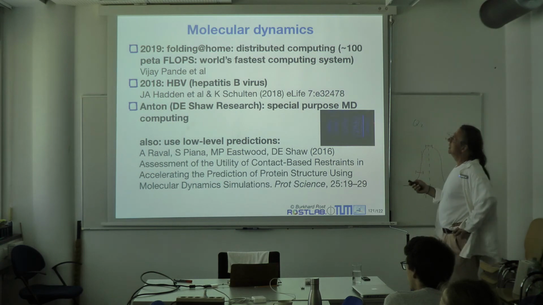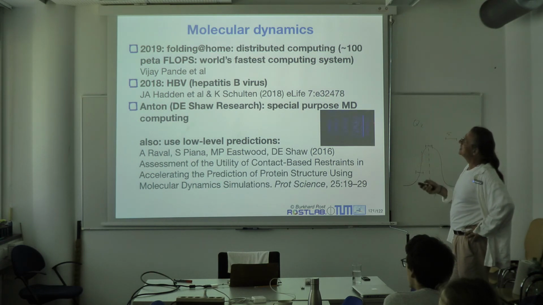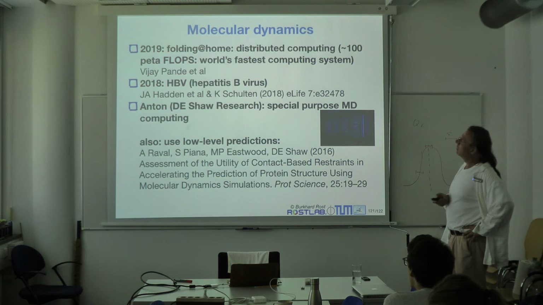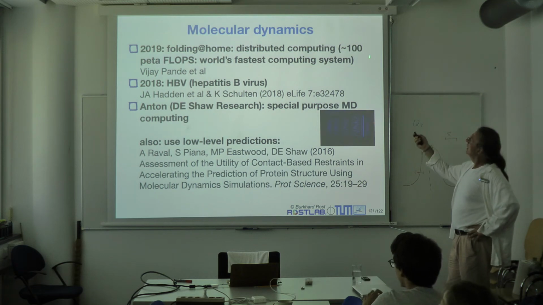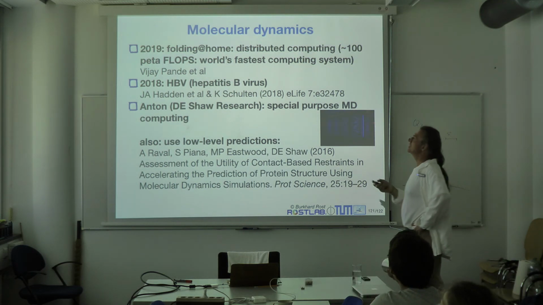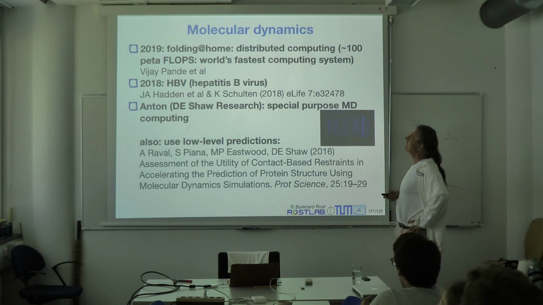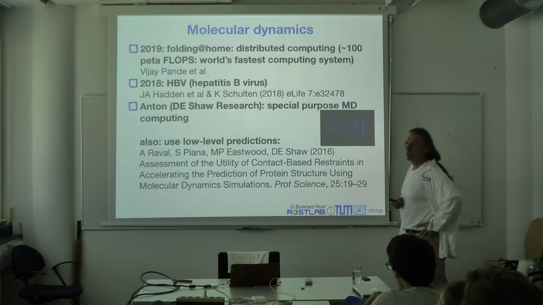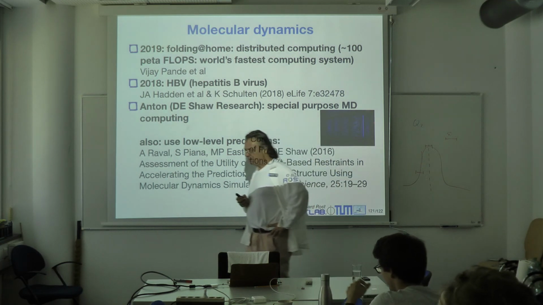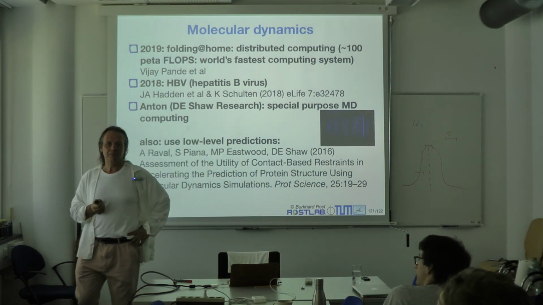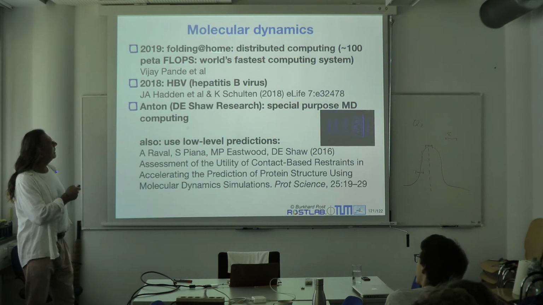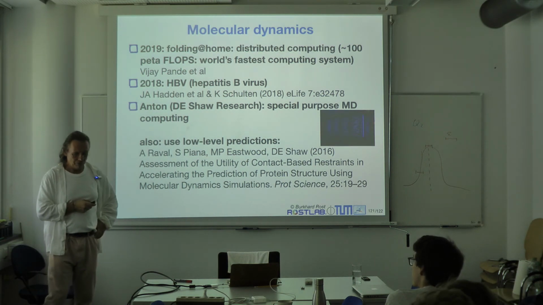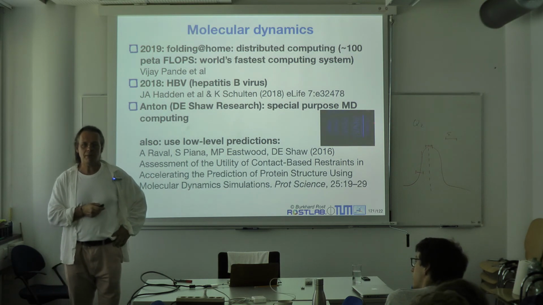And in this one, a remarkable thing is the platform called Folding@home, which was started by Vijay Pande at Stanford, that currently has 100 petaflops and comes, according to Wikipedia now, as the world's fastest computing system. 100 petaflops is a lot, for those of you who do not know how big that is. And that actually is used, for instance, to fold up proteins with molecular dynamics.